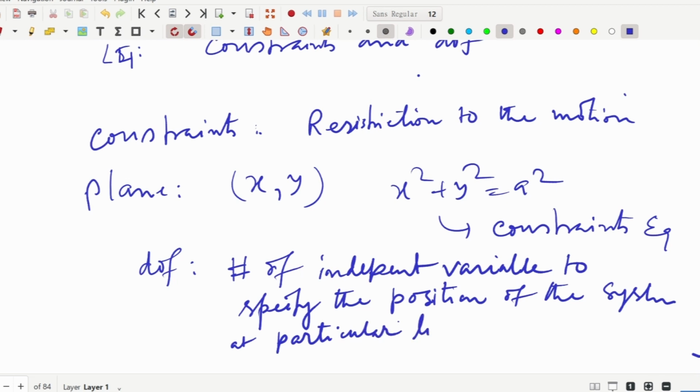This is important. So at a particular time, how many variables we need will give you the degrees of freedom.